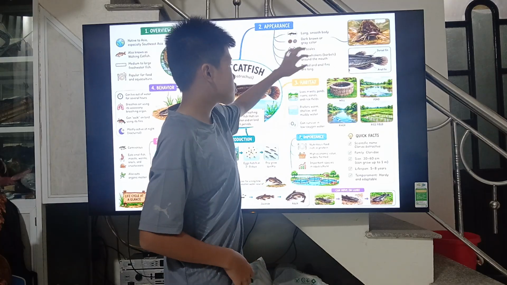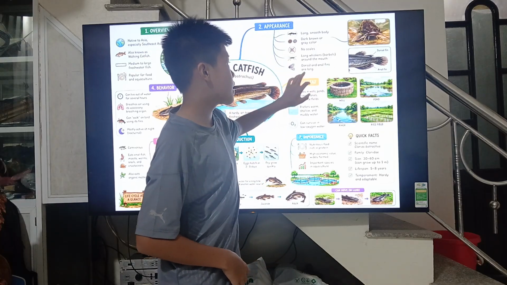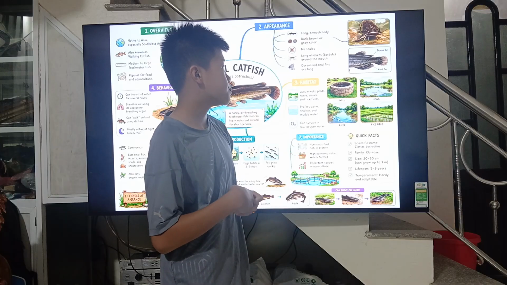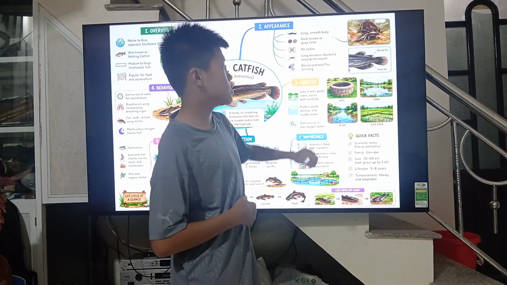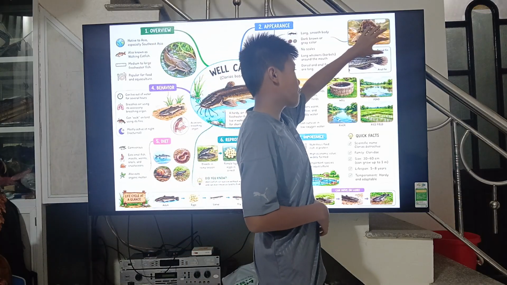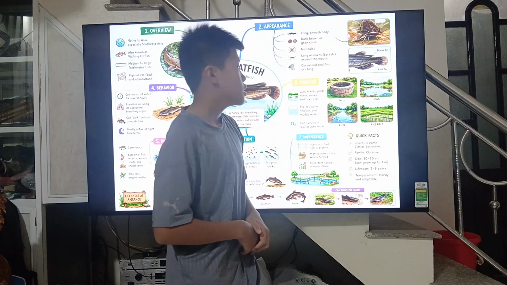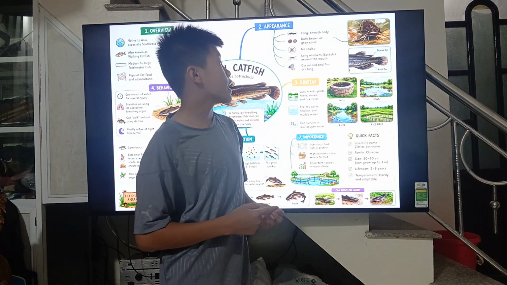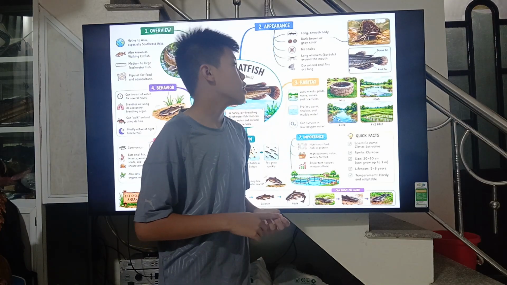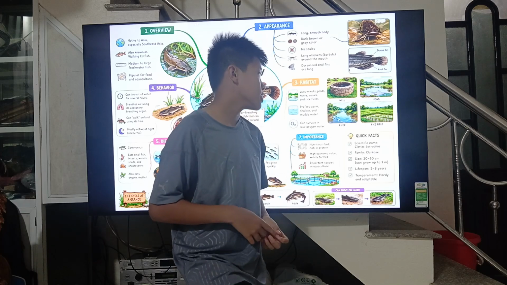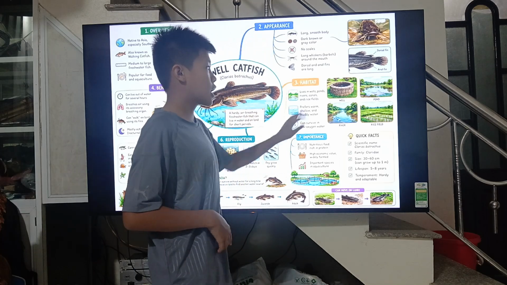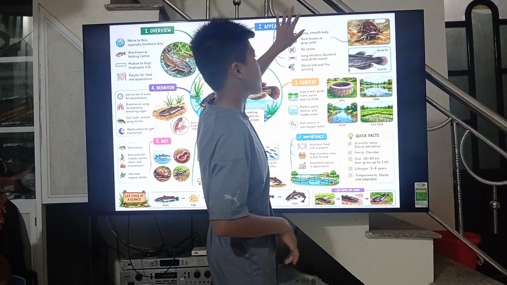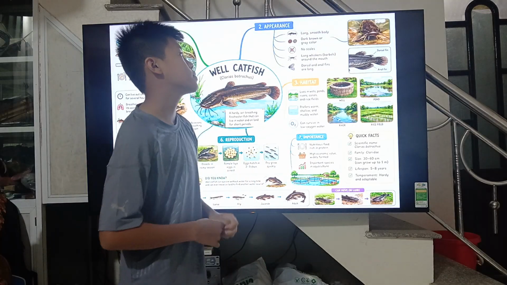There are the dorsal fins, the pectoral fins, and lungs. Let's look at here. They have the dorsal fins and the anal fins to swim. And other fish can't cast because they have very smooth bodies.